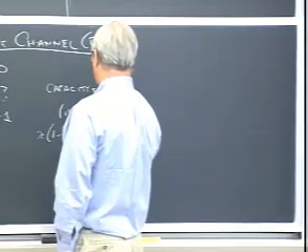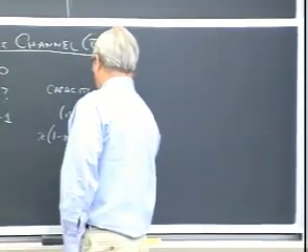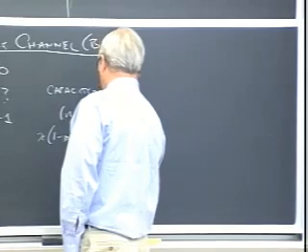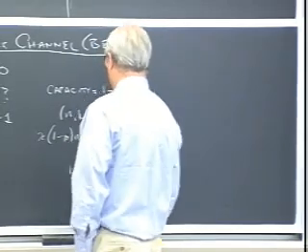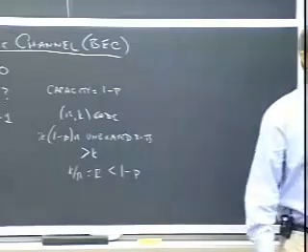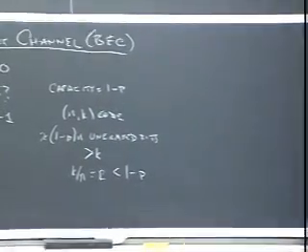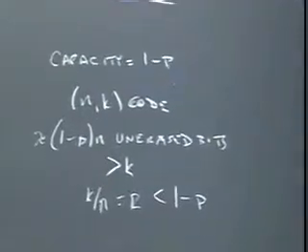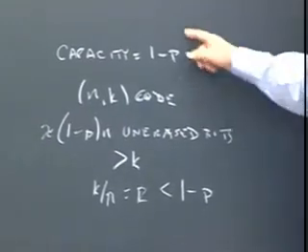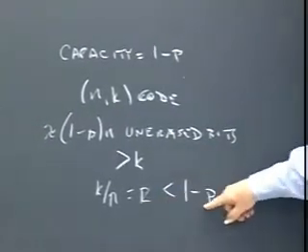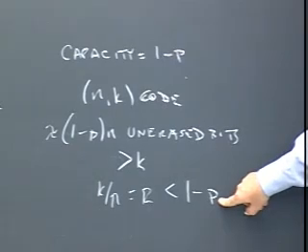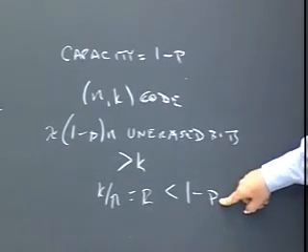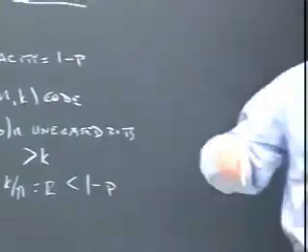This says that k over n, which is the code rate, has to be less than 1 minus p in order for this maximum likelihood decoding to work with the linear code over the binary erasure channel. If the rate is less than 1 minus p, then with very high probability, you're going to be successful. If it's greater than 1 minus p, no chance as n becomes long.